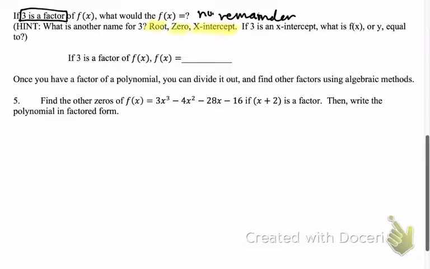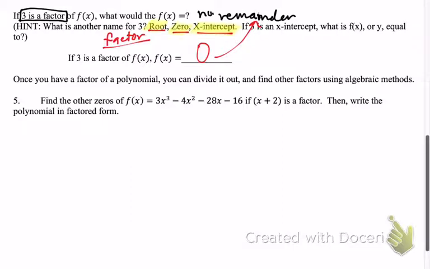All three of these things you need to have memorized. You need to know that these are all synonymous with each other. So factor, root, x-intercept, 0. Those are all the same thing. So if it's easily divisible by your function, then your f of x is going to equal 0 because you will have no remainder.